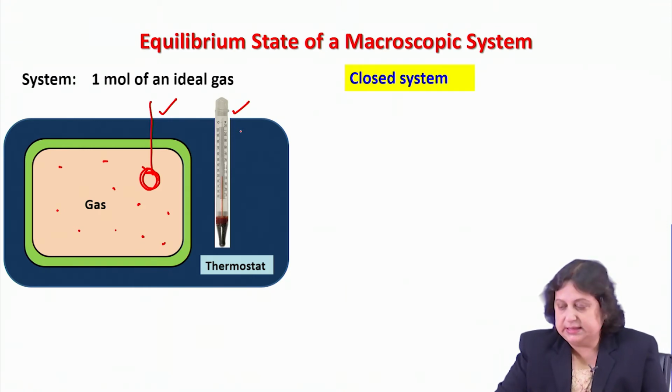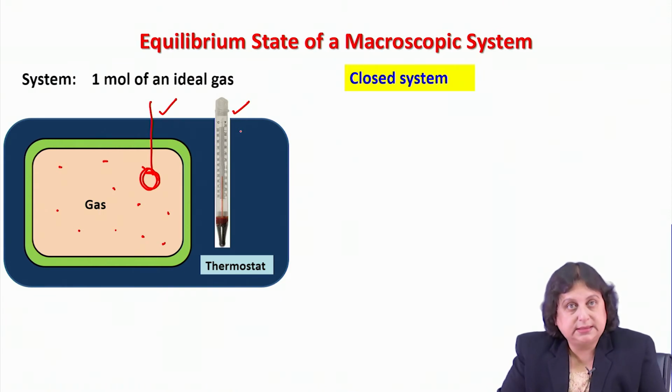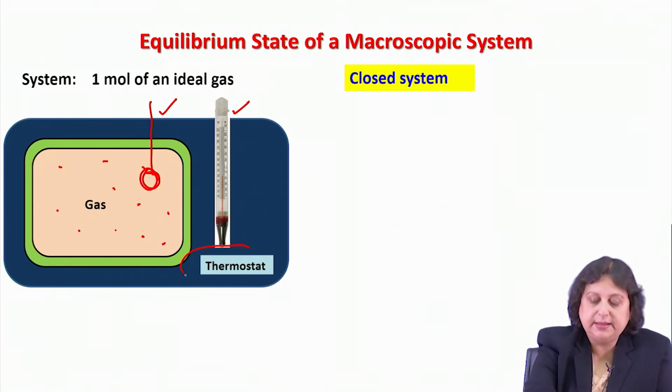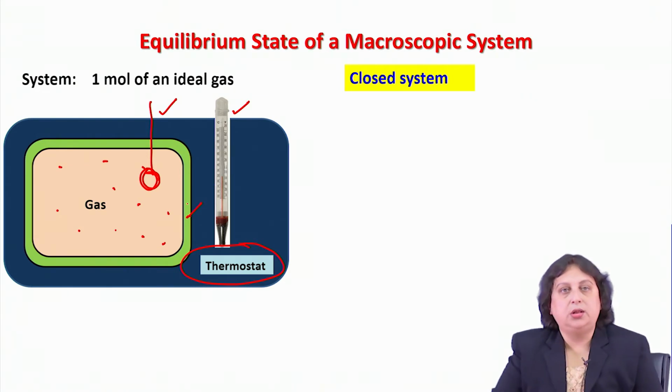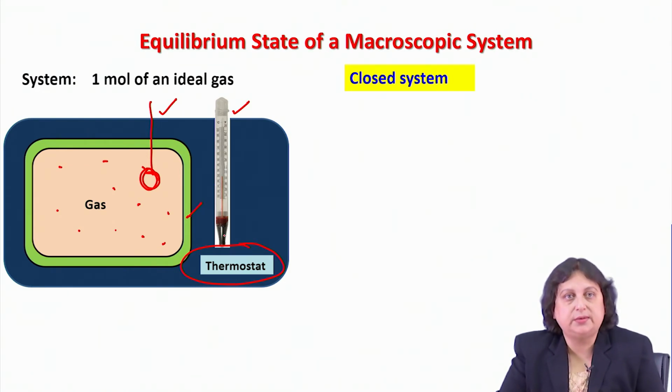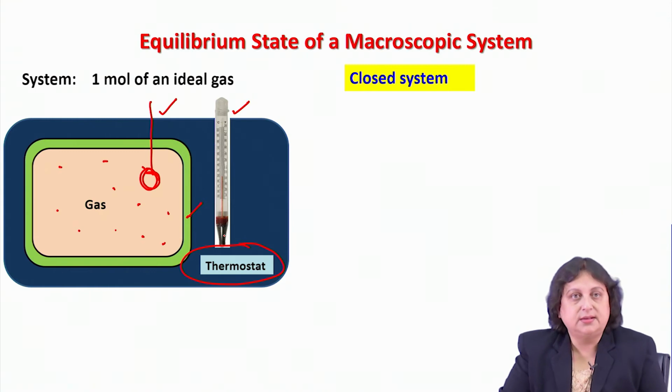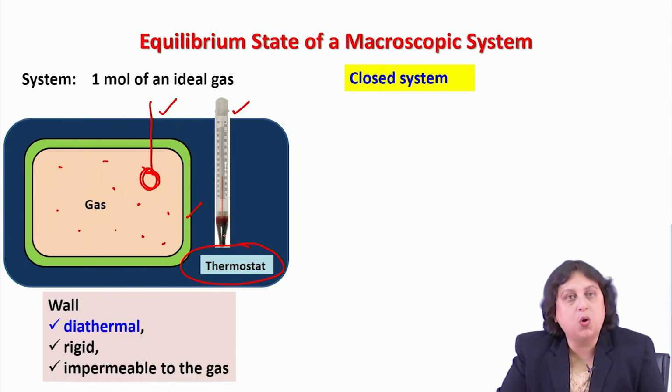So, in this case, it's very important to note that now the system, 1 mole of an ideal gas, is separated from its surrounding, which is constituted by this thermostat, by this particular wall, which has been shown in green. And here I find that this wall is diathermal, rigid and impermeable to the gas.